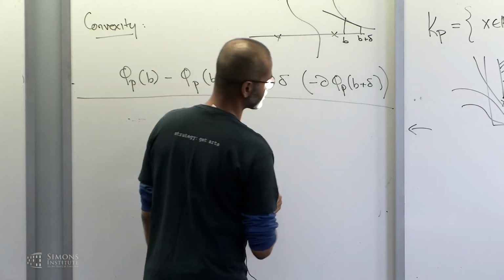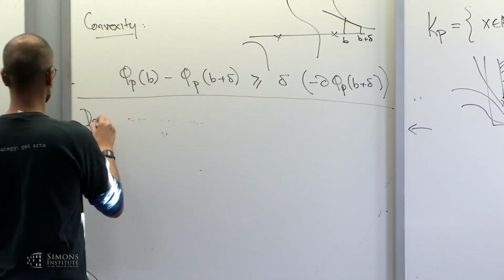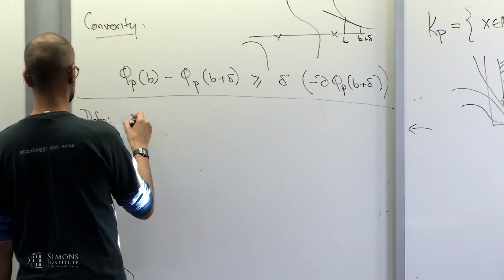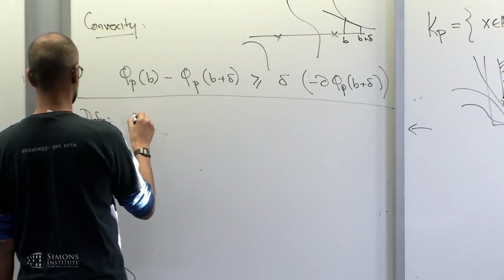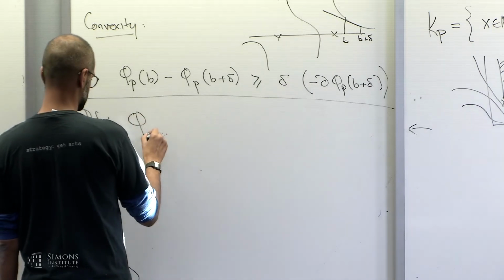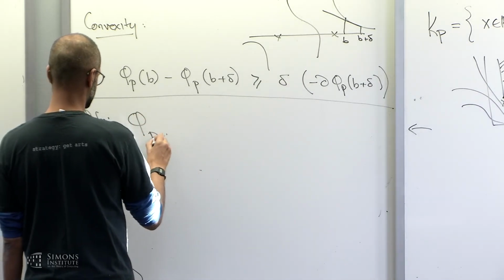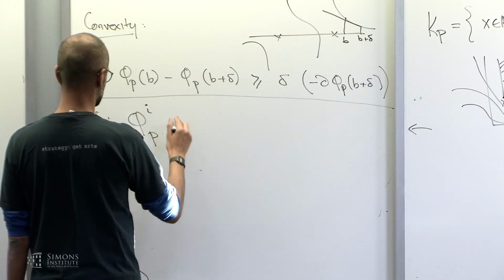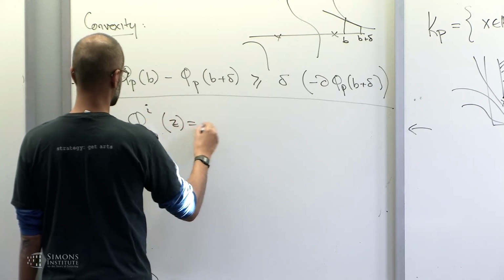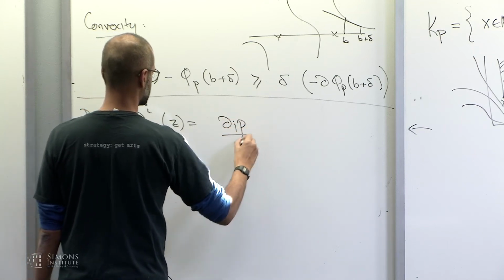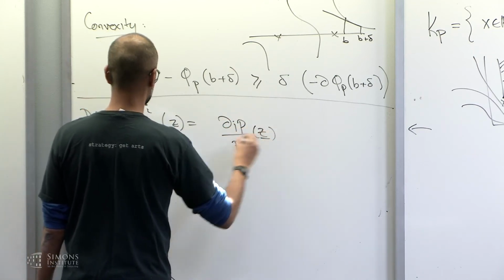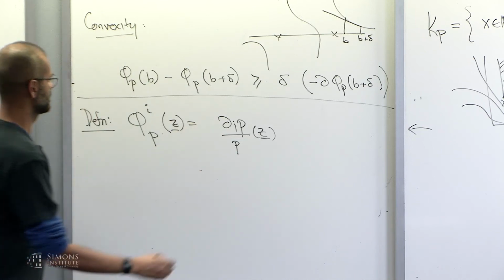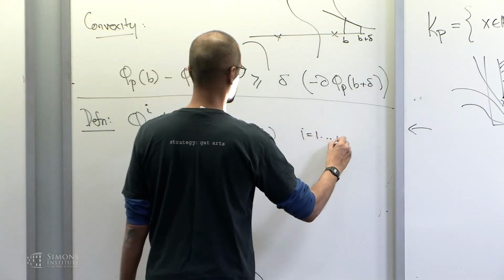So that's my notion of upper bound, and I'm going to have a notion of barrier function. So this is going to be, again, a rational function given a real stable polynomial. The barrier function in the ith coordinate at a point z is partial_i p over p evaluated at z. So z is now a vector, right? I'm going to define this for i goes from 1 to m.